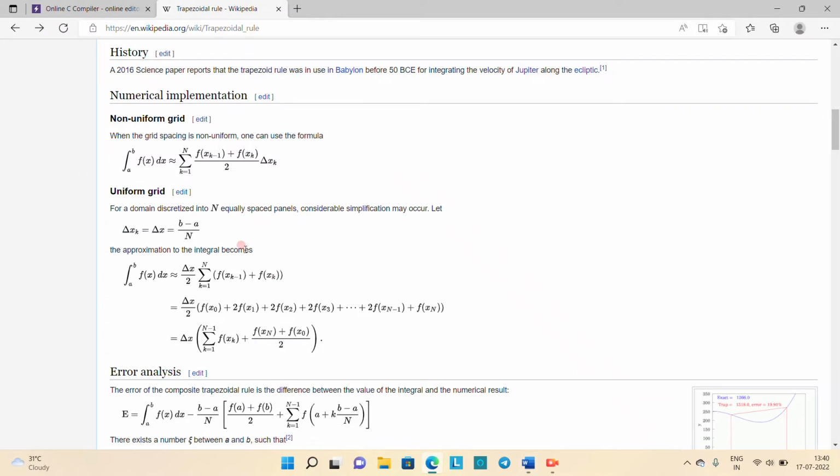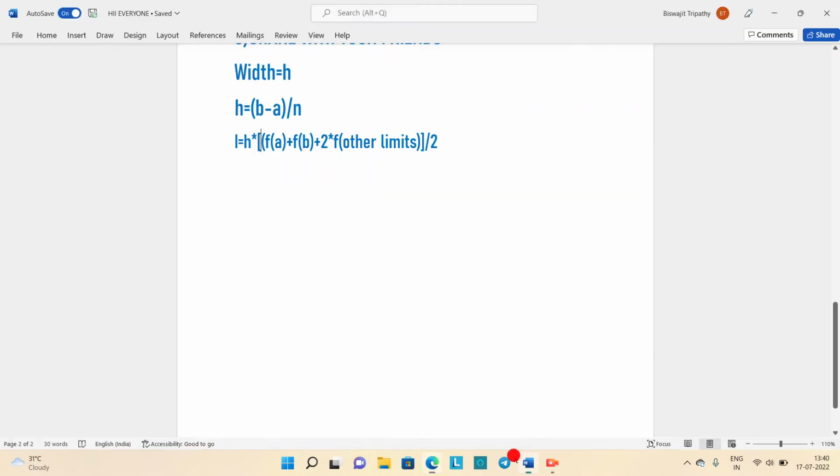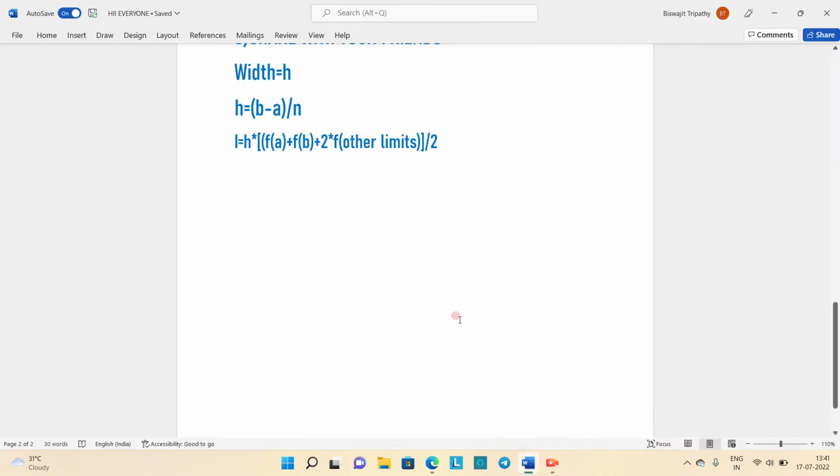And the integration value is delta x by 2, that is the width by 2, into the function value at the lower limit, that is x0 or a, and the upper limit xn, that is b, and 2 into the rest of the limits. Is that clear? So we have this formula.